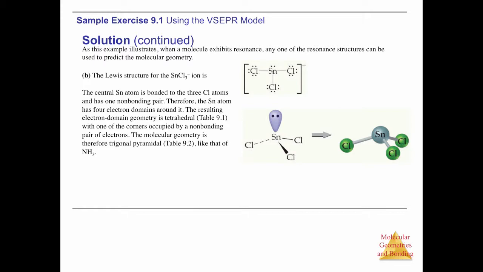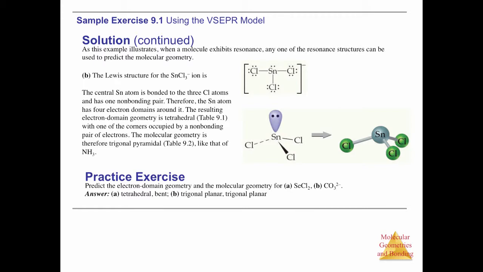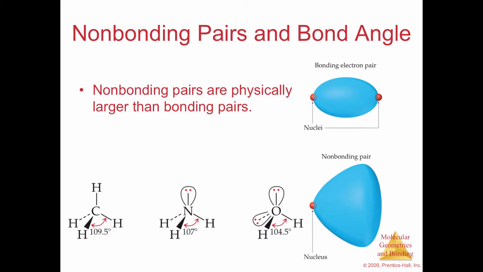The resulting electron geometry is called tetrahedral, with one of the corners occupied by a non-bonding pair of electrons. The molecular geometry is therefore trigonal pyramidal, like that of ammonia. Practice exercise. Predict the electron domain geometry and the molecular geometry for these.